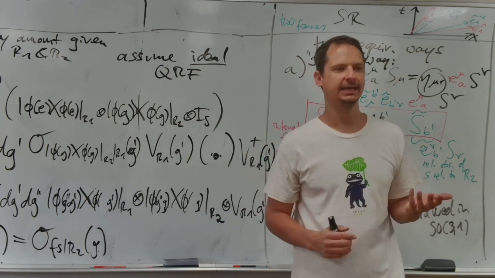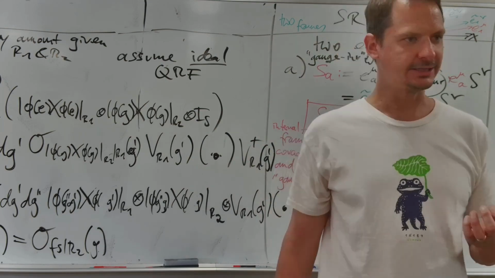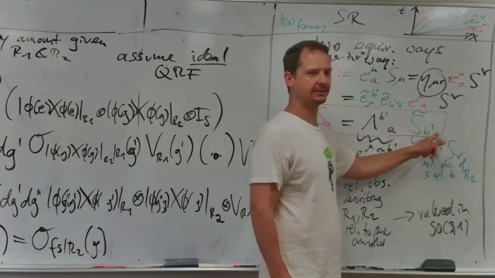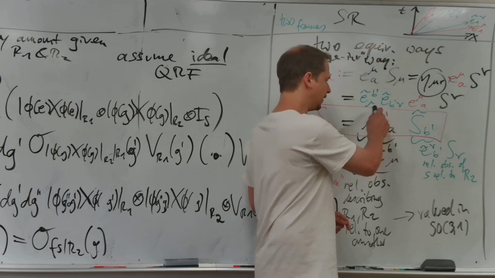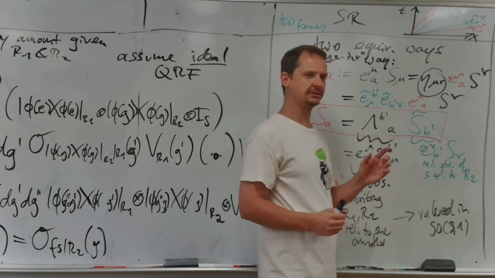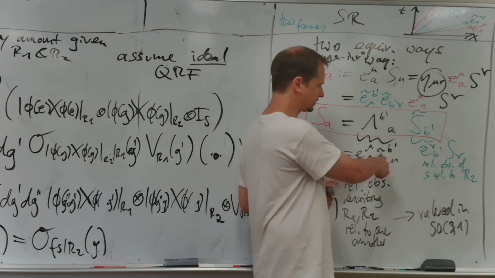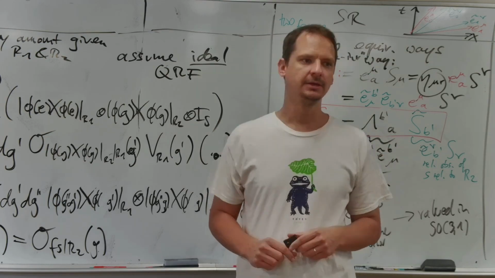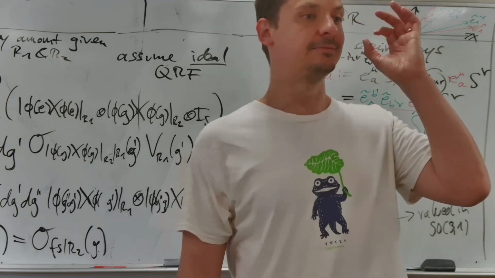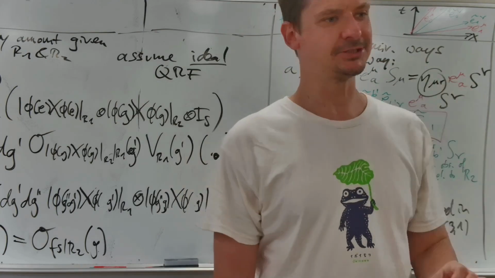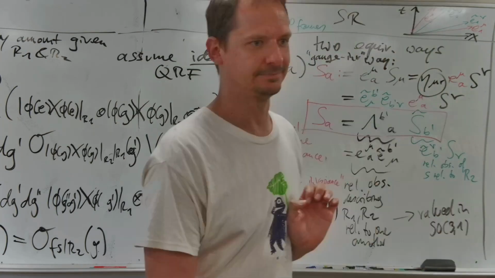You can view it as a reorientation of this frame by a Lorentz transformation, the amount of which is given by the relation between the two reference frames. So you can view it as a reference frame conditional frame reorientation.